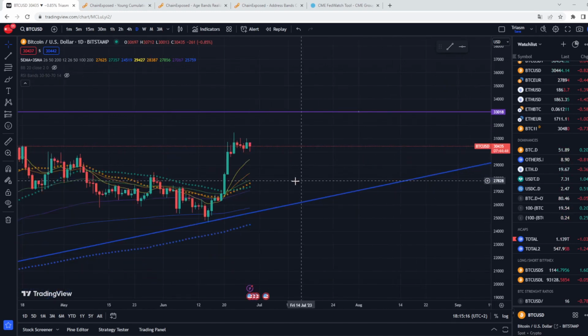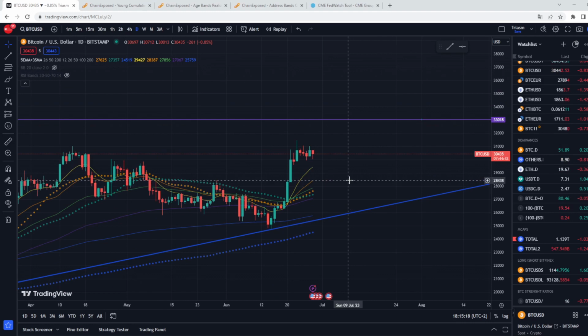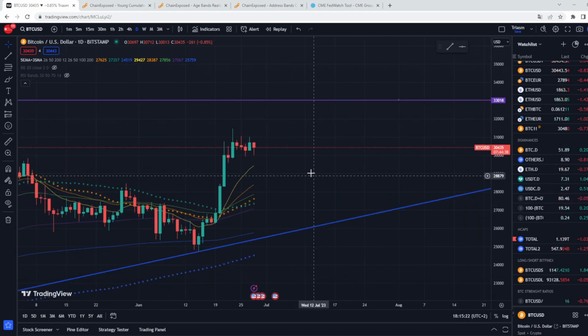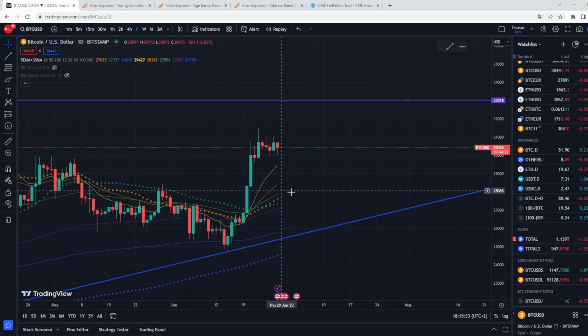Here we have all the EMAs, the exponentials and the simple moving averages, and here you see that the first bounce for a bullish continuation is 29, but I don't think 29.5 will be the case right here.